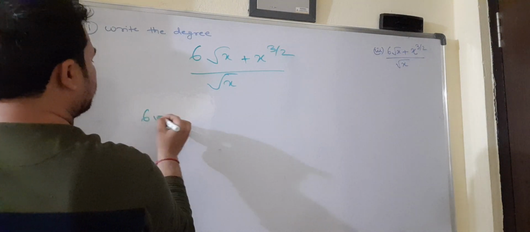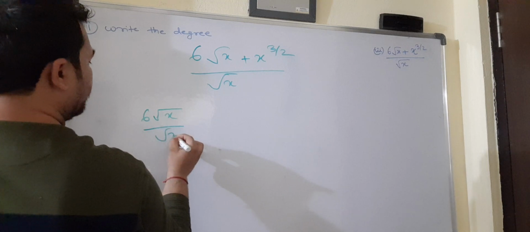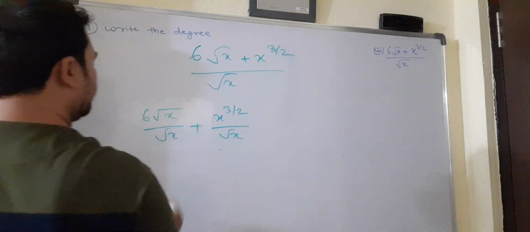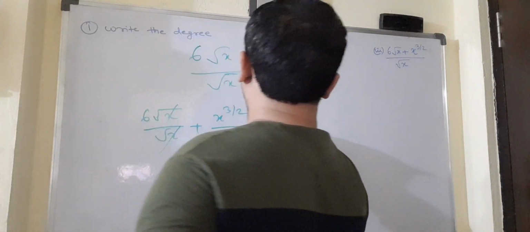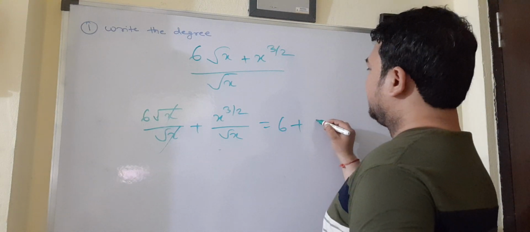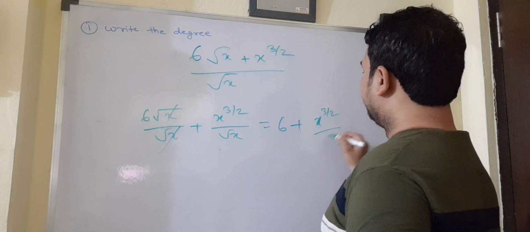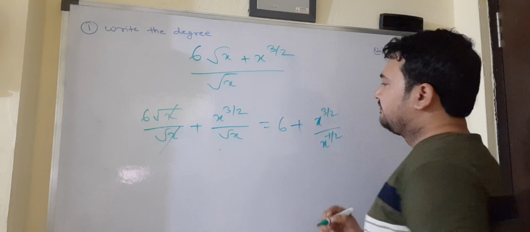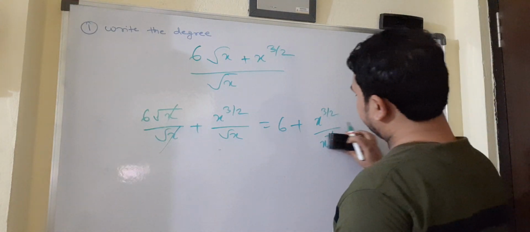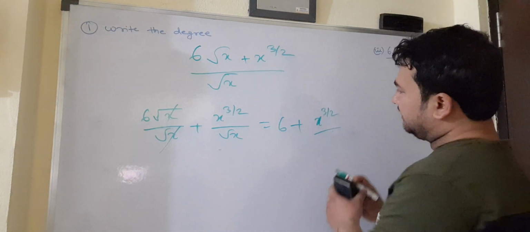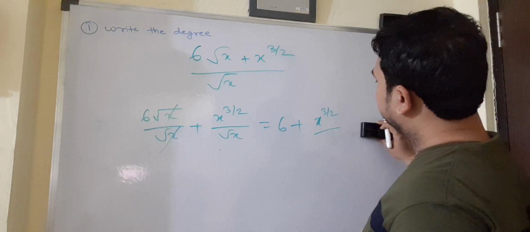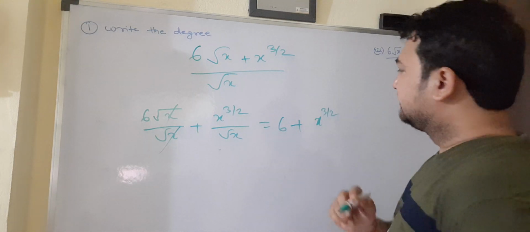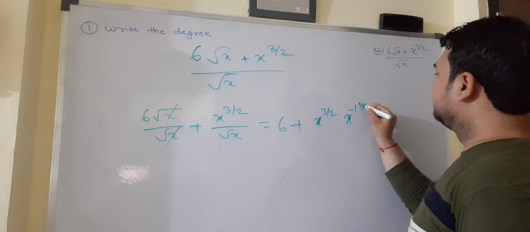Dividing 6 root x by root x plus x to the power 3 by 2 by root x: the first cancels, giving 6 plus x to the power 3 by 2 divided by root x. Or you can take 1 by root x as x to the power minus 1 by 2.